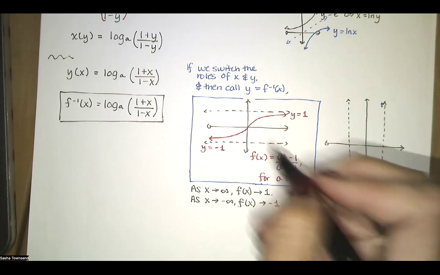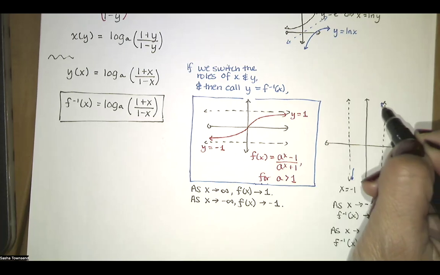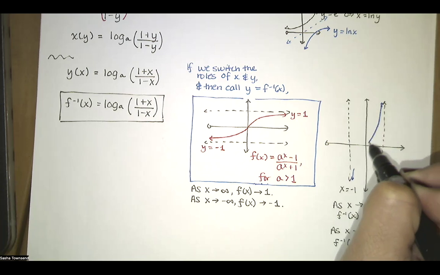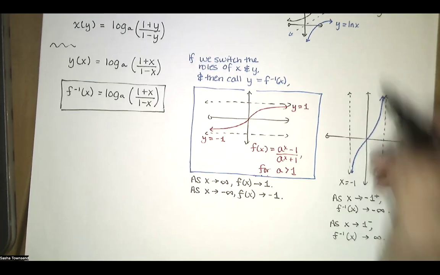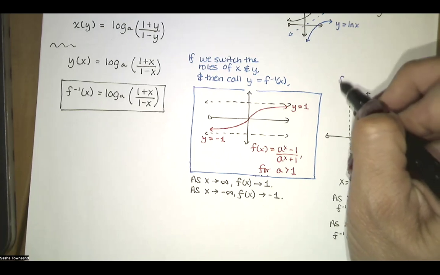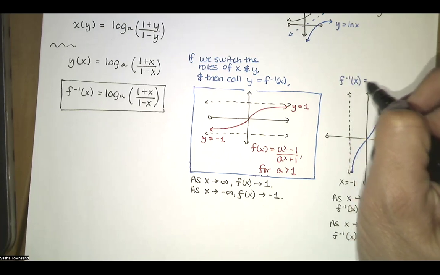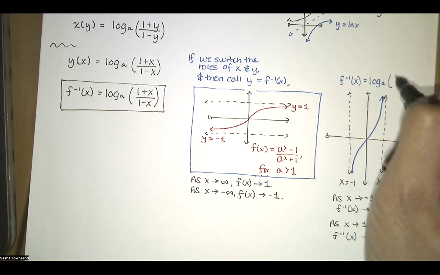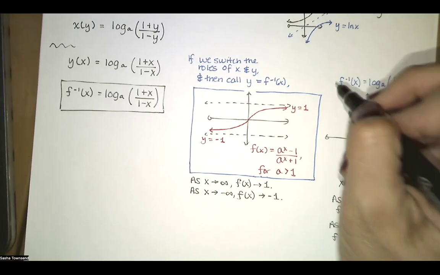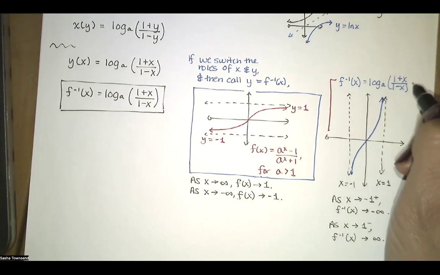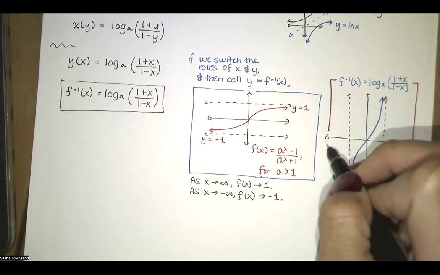And I want to try to draw something that has roughly the same slope. So I think it's going to look roughly like that. This is f inverse of x equals log base a of (1 plus x) divided by (1 minus x). So that's what the graph looks like if we switch the roles of x and y.